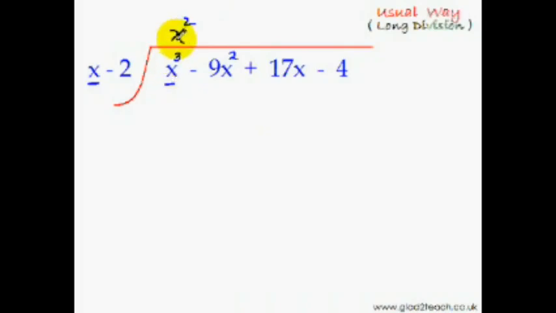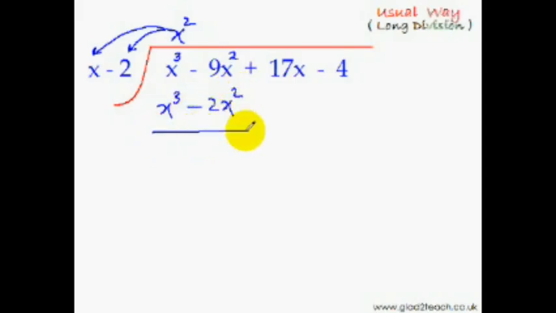Now, whatever term you put here at the top, you have to multiply that with all the terms of the divisor. That means you're going to multiply this x square with this x and also with this minus 2. And whatever you get after that multiplication, you're going to put it here. X square times x is x cube, and x square times minus 2 is minus 2x square.